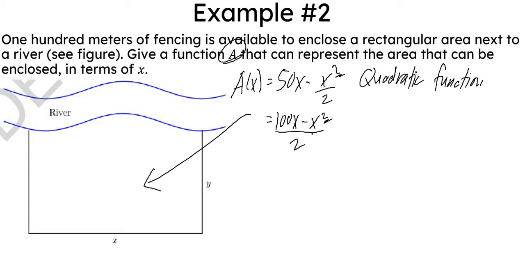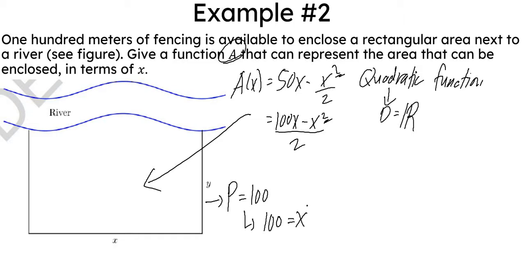Now, in the mathematical sense, the domain of a quadratic function would also be the set of all real numbers. However, if we base it on the situation, we learned that the perimeter is actually 100, composed of 1x and 2y's.